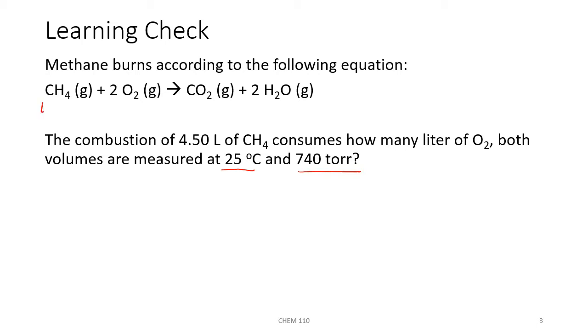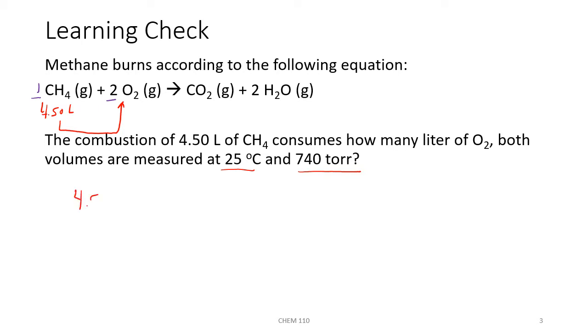We would start with our 4.5 liters of methane, and we can quickly work to figure out how much oxygen is required to react with the methane by using Avogadro's principle. The coefficients of our balanced equation, 1 to 2, tell us the volume ratios that will react.